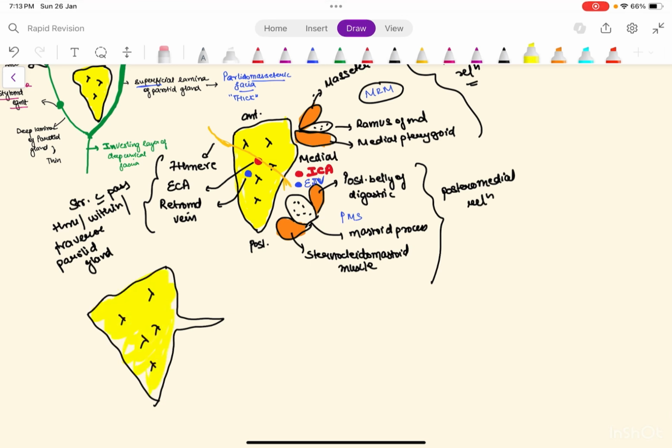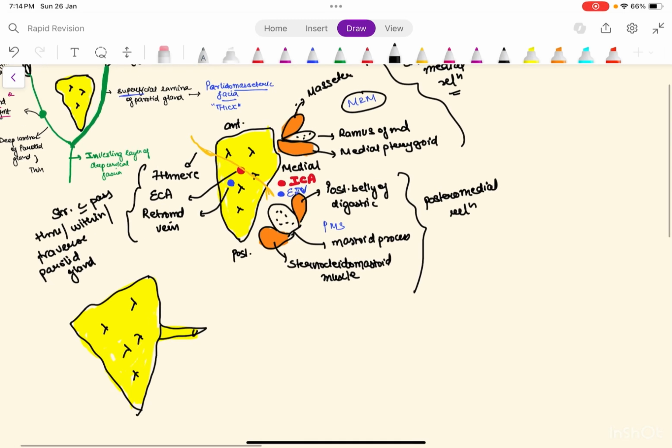Now here you need to know two things, to be rest assured that you answer correct. First of all, you need to know the vein, artery and nerve relation. So just remember VAN. Okay, we will just go through it.